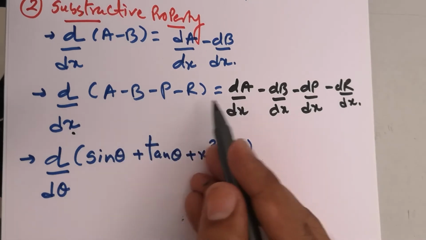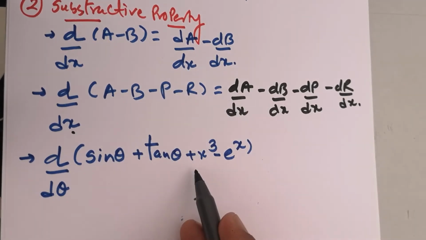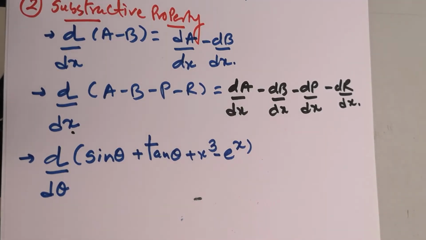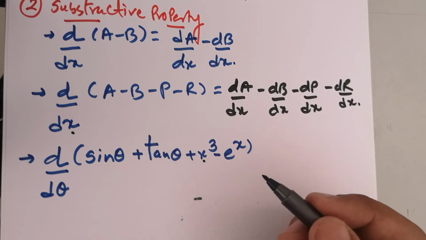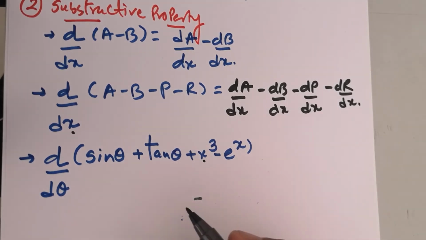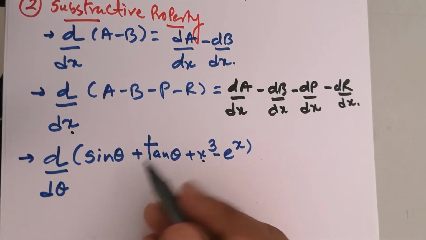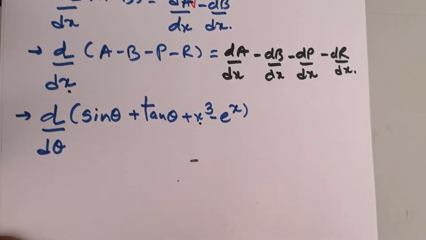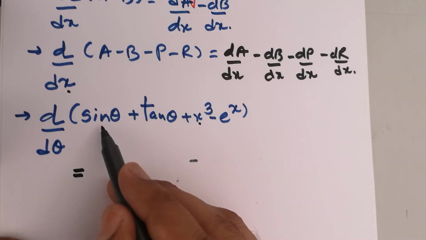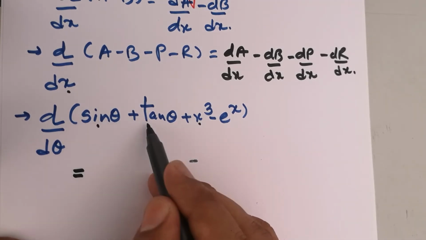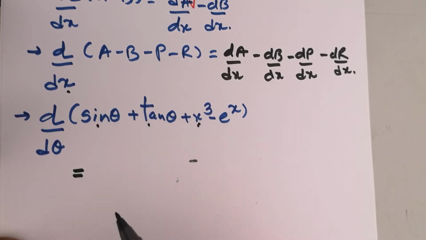Instead of a, b, p and r, or a, b, c, d or p, q, r as random letters, I have mentioned some trigonometric functions, some constants or unknowns, and an exponential part. Right now you don't bother about such notation, just follow your instinct or general logic. I have told you to first see a plus b plus c minus d like that.